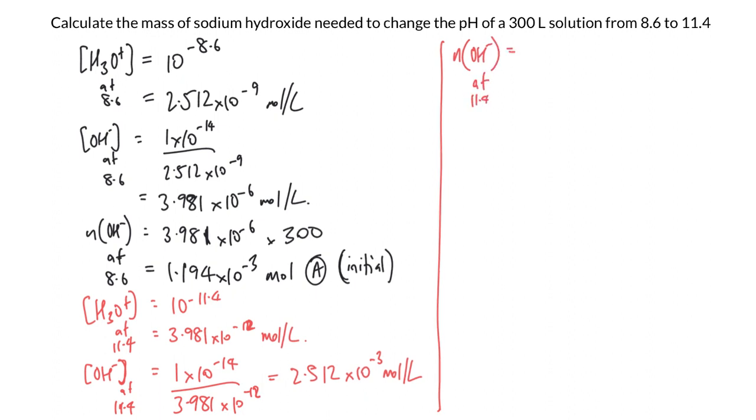What's that going to be? It's going to be 2.512 times 10 to the negative 3 times 300, which happens to be 0.754 moles, that's B, and that's effectively the final amount of OH minus.